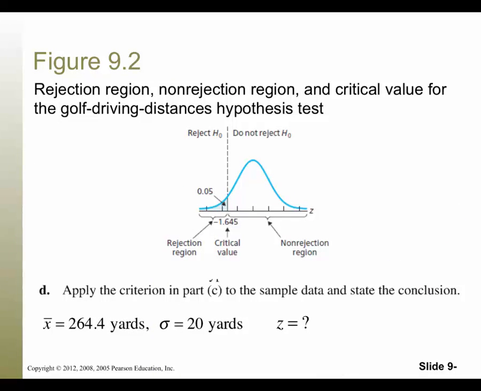So here's the same thing again. We got our critical value of negative 1.645, the rejection region, and the non-rejection region. Okay, so what is the z-score? Remember, think about a sampling distribution for samples of size 25.